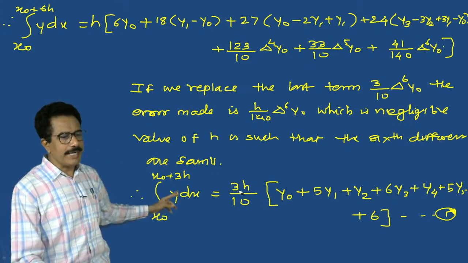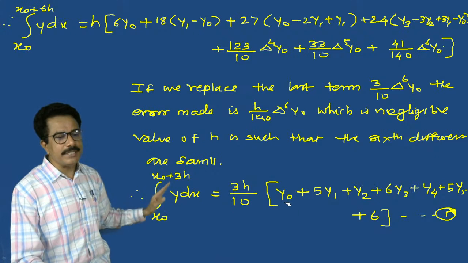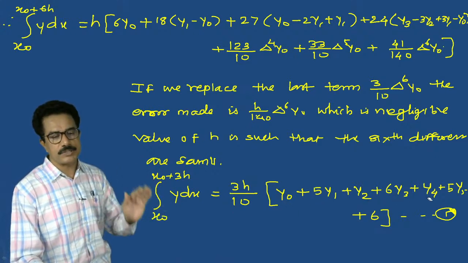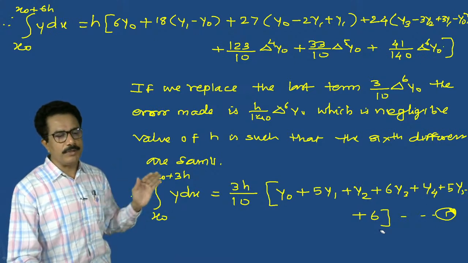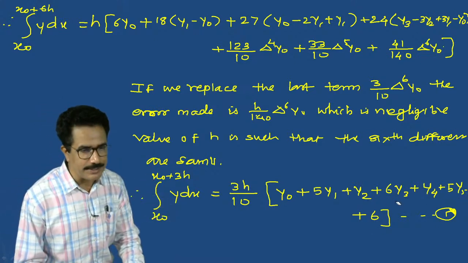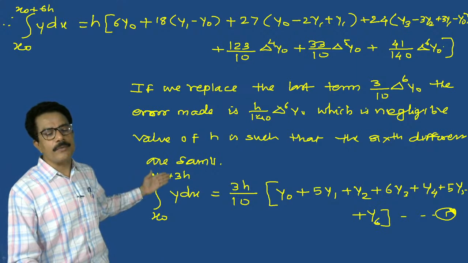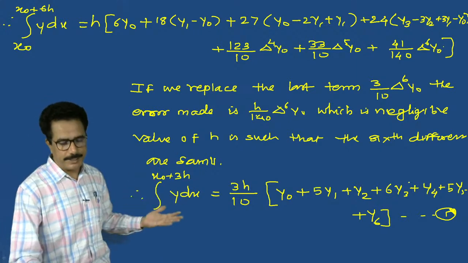So we can take a common 3h by 10. The remaining terms will be y0 plus 5y1 plus y2 plus 6y3 plus y4 plus 5y5 plus y6. Okay, this is a y6. In this way we can obtain.